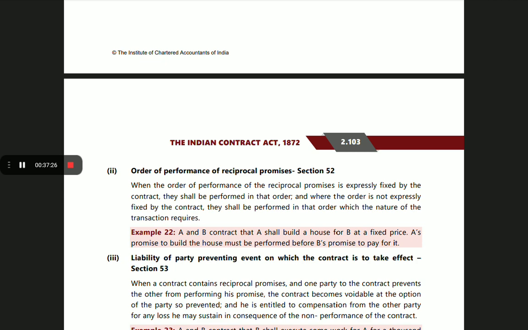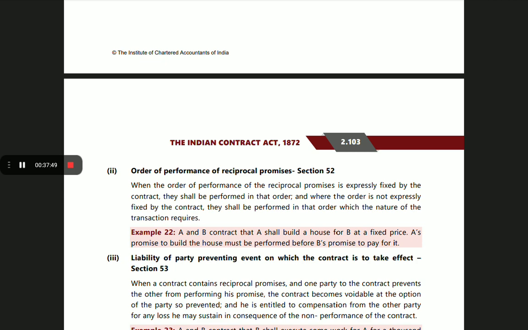Example: A and B contract that A shall build a house for B at a fixed price. A's promise to build the house must be performed before B's promise to pay for it.